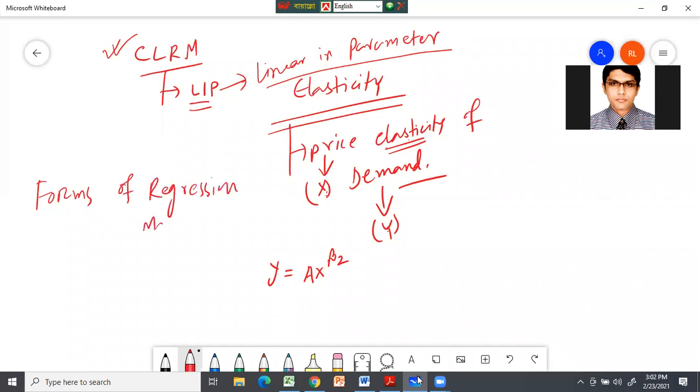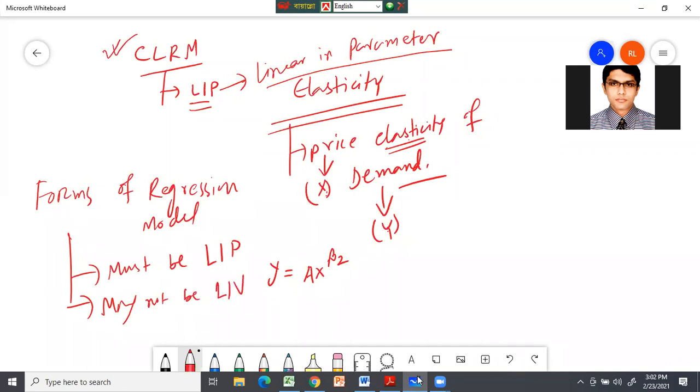Those regression models must be LIP, that means linear in parameter, but they may not be linear in variable, LIV. LIV stands for linear in variable and LIP stands for linear in parameter. They may or may not be linear in variable, but their parameters must be linear. This is the first condition we are talking about here.